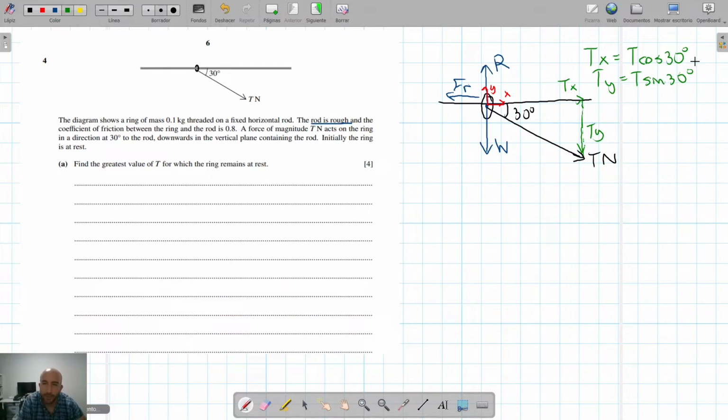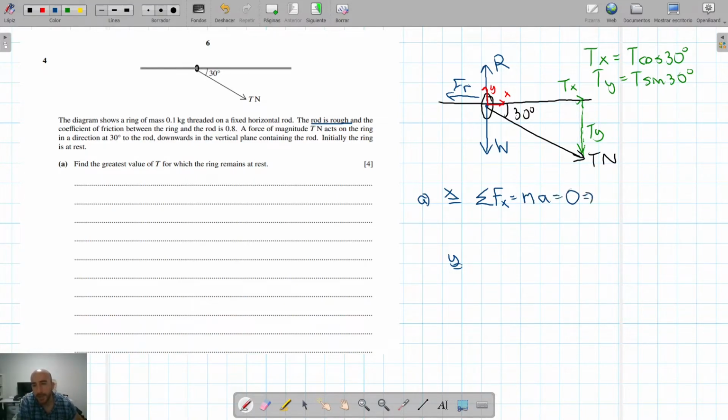Also once we found the forces, now we have all forces on the axes, and we have to basically use our Newton's second law of motion, but on each axis. So on the x-axis and the y-axis. On the x-axis, we know that the law of motion says that the resultant of all our forces in the x-axis equals mass times acceleration, but that's zero because it's not moving.